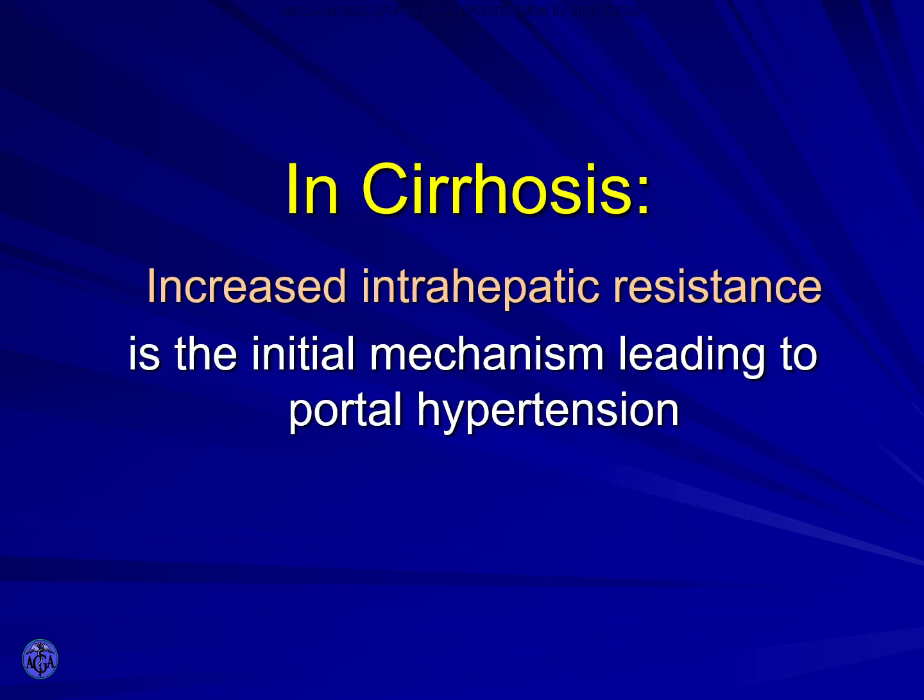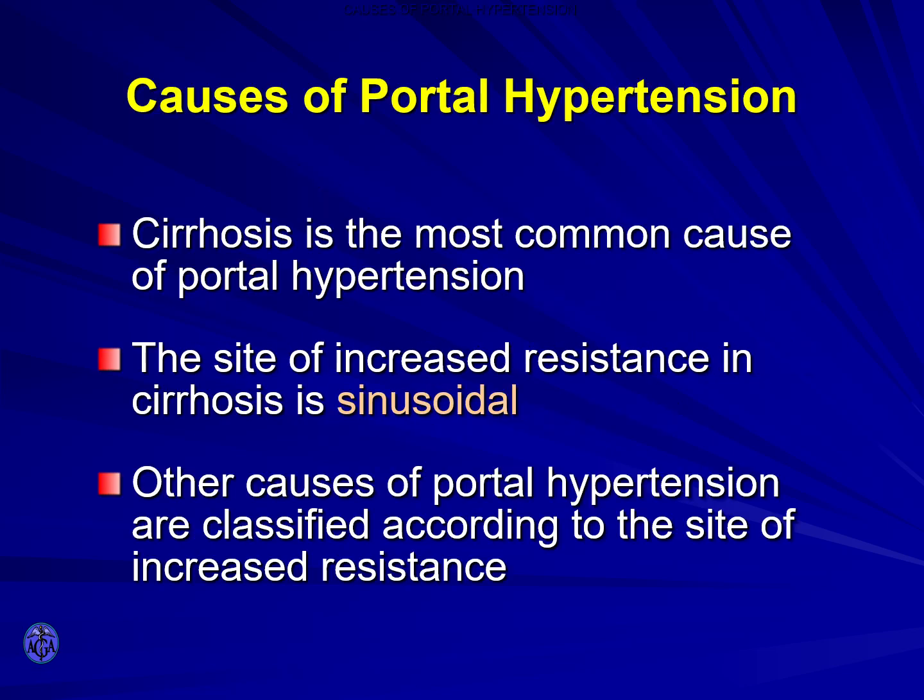In cirrhosis, the increase in the hepatic resistance is the initial mechanism leading to portal hypertension. As we explained before, the hepatic stellate cell will secrete collagen that will compress the sinusoids, leading to increased resistance within the sinusoid. This will subsequently lead to portal hypertension.